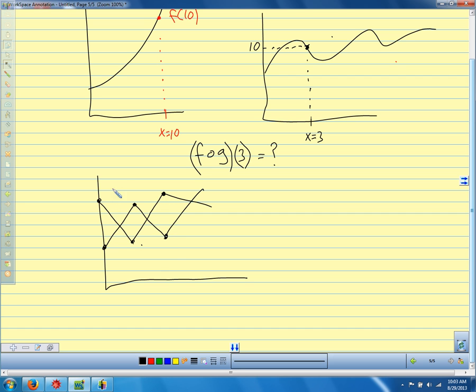So we have two graphs. This is f, and this graph is g. And I want you to sketch a graph of f plus g using the information on the graph of f and g. How would we go about sketching a graph of f plus g from this information?